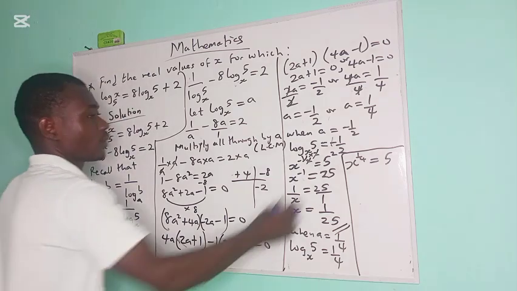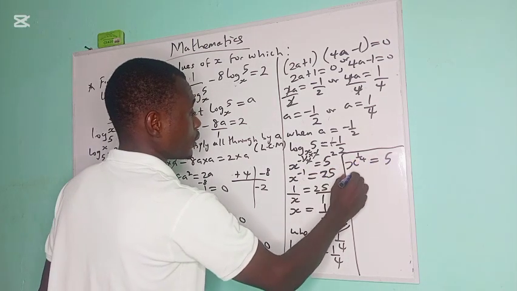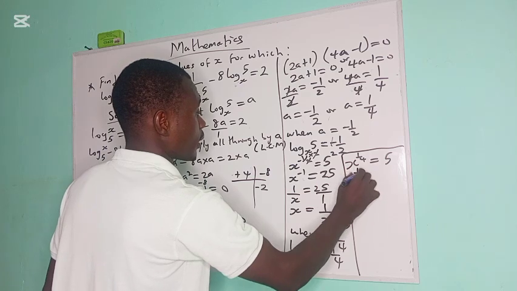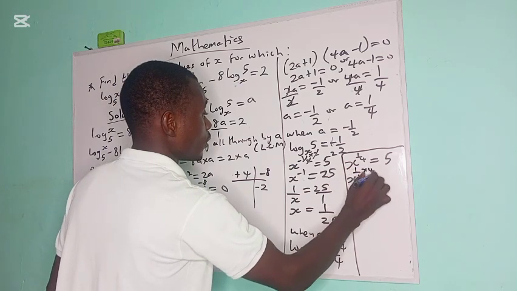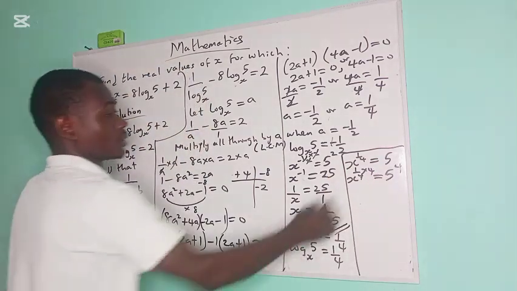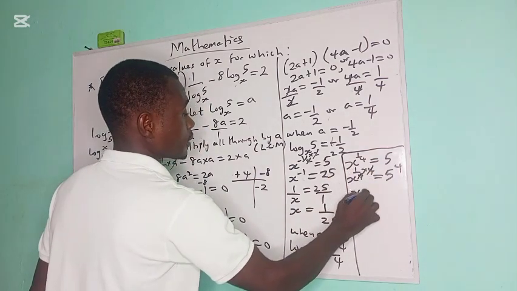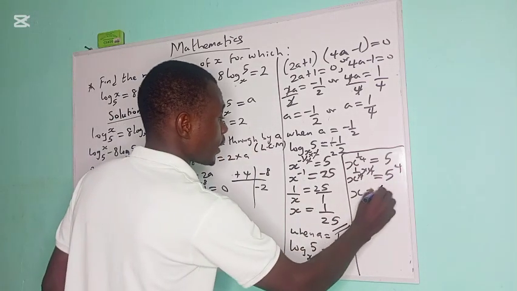So how do we leave x alone? So you just multiply 1 over 4 by 4 on both sides. Okay, so that will give you x. So 5 raised to the power 4 will give you 625.